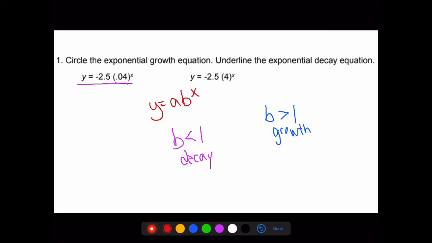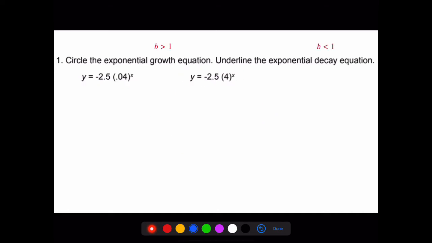Meanwhile, for our other equation here, y equals negative 2.5 times 4 raised to the power of x, well, we see our b value is 4. So this would, in fact, be our growth equation, and that's why we're circling that one. So keep that in mind. If our b value is less than 1, it's decay. If our b value is greater than 1, it is growth. All right.